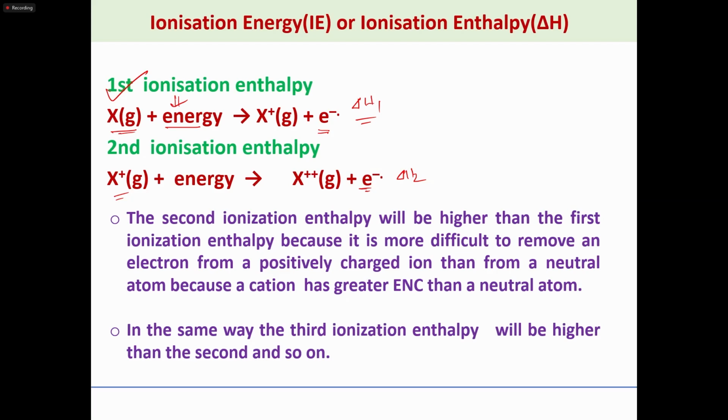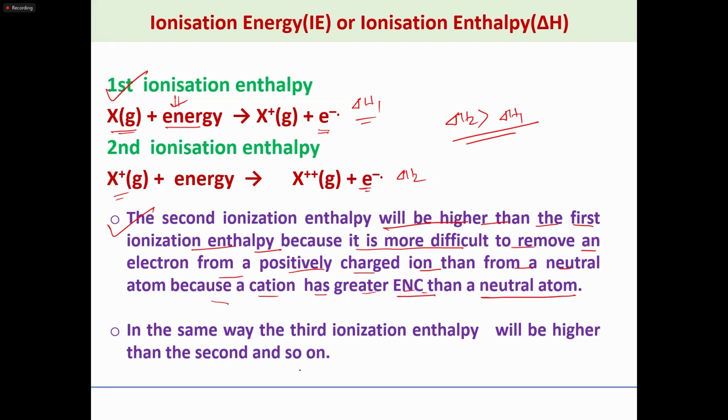Now the question is that the second ionization energy, or the second ionization enthalpy, always will be higher than the first ionization enthalpy. Why? That means that delta H2 is greater than delta H1 always. Why? Because it is a more difficult to remove an electron from a positively charged ion than from a neutral atom, because a cation has a greater effective nuclear charge than a neutral atom.